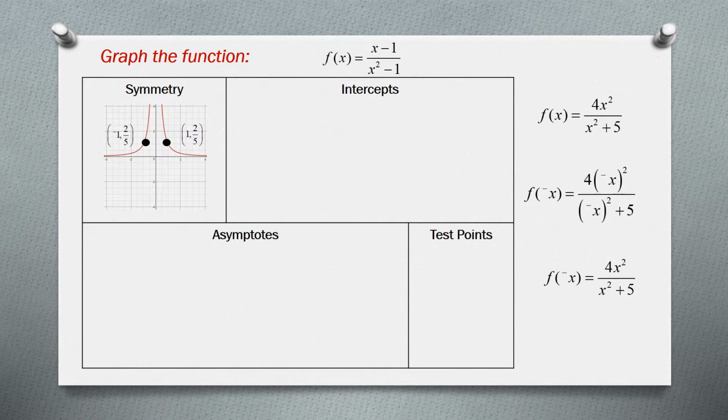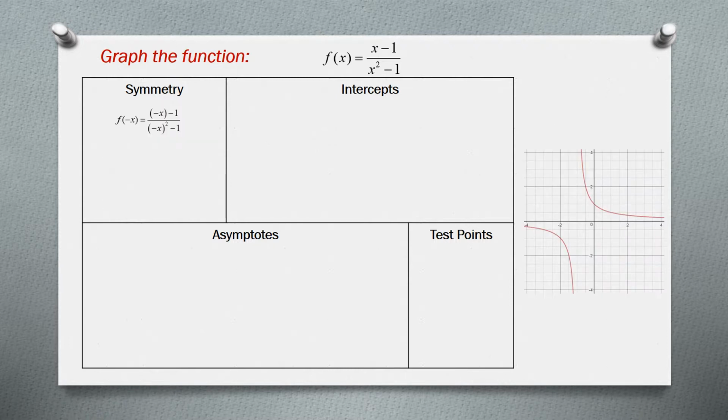So any negative x values, or opposite x values, are going to yield the very same y values when I have symmetry around the y-axis. So with rational functions, we're not going to anticipate any symmetry around the x-axis. That is not the behavior of a rational function.